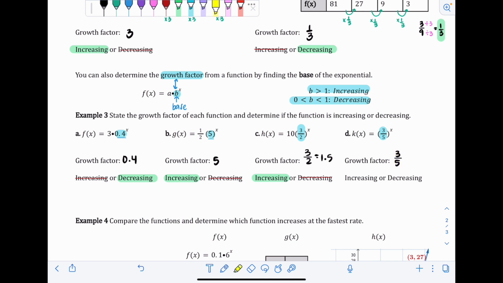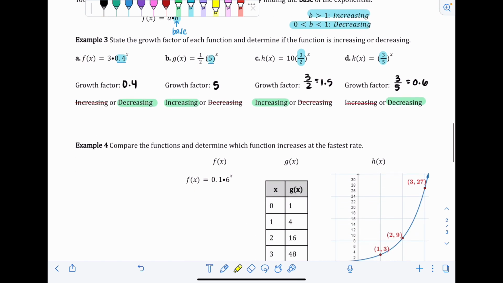So that means it is less than 1. If it's between 0 and 1, that would be decreasing. And if you felt more comfortable with it, you could convert this into decimal form. So 3 divided by 5 would be 0.6. Whenever you convert to decimal form, you always do the number on top divided by the number on bottom.